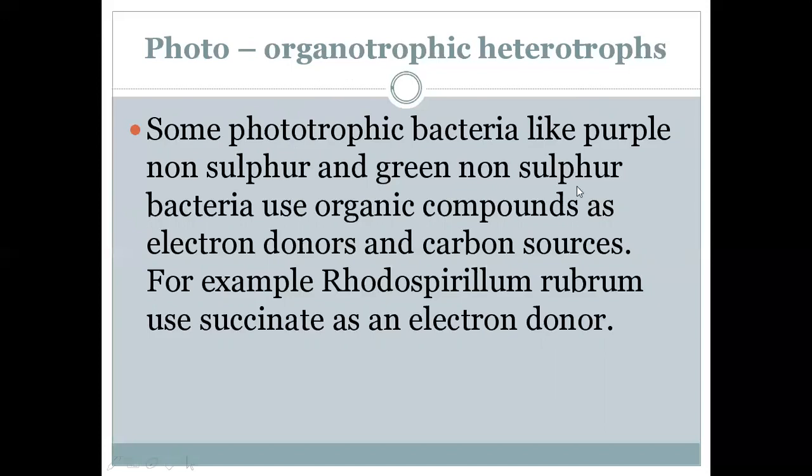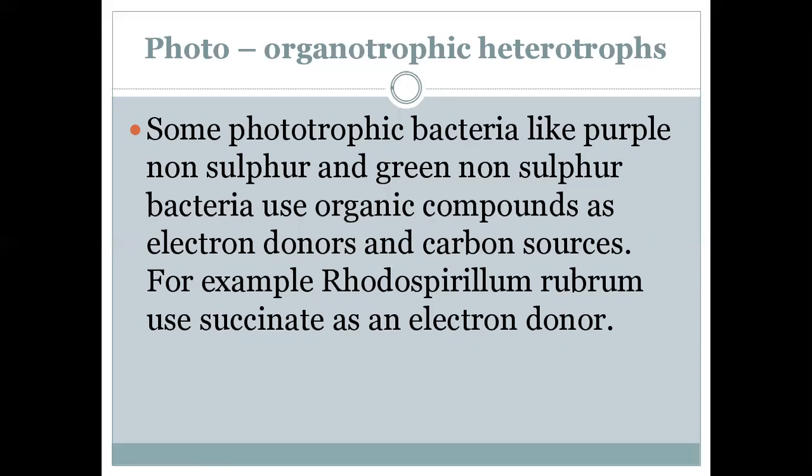Some phototrophic bacteria like purple non-sulfur and green non-sulfur bacteria use organic compounds as electron donors and carbon sources. For example, Rhodospirillum rubrum uses succinate as an electron donor. So these organisms are phototrophic bacteria, like purple non-sulfur and green non-sulfur bacteria.